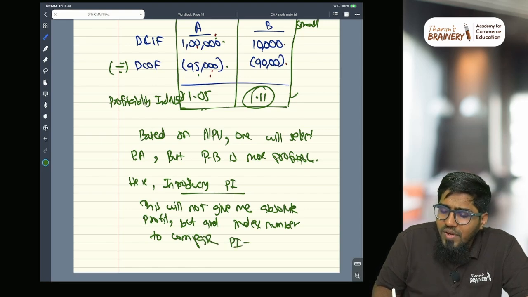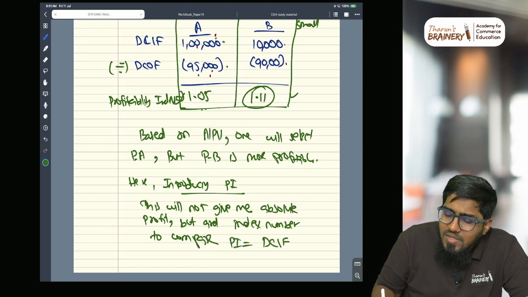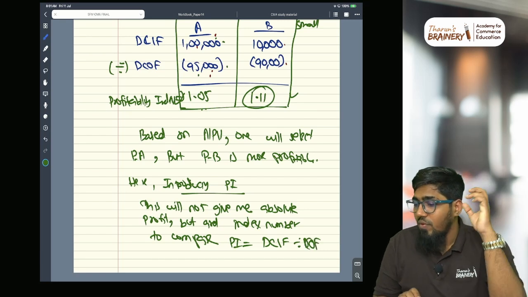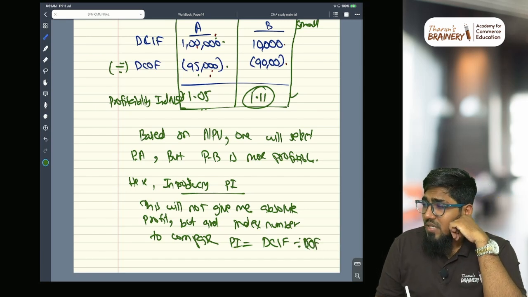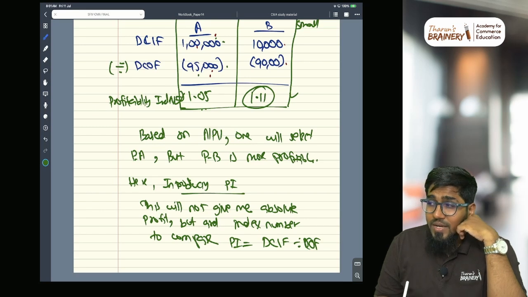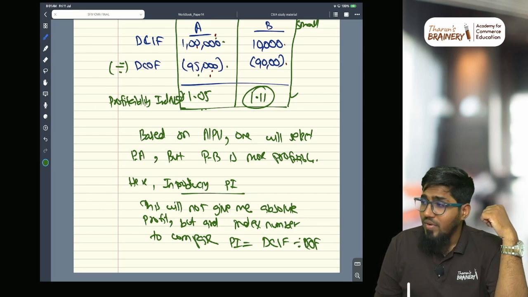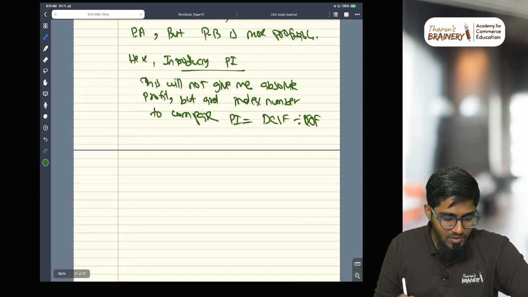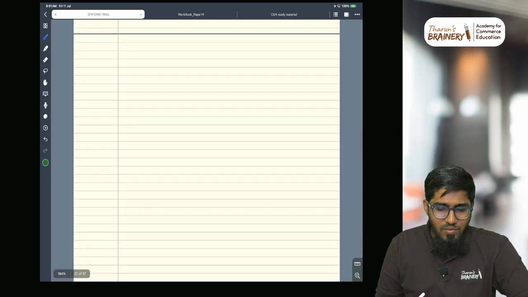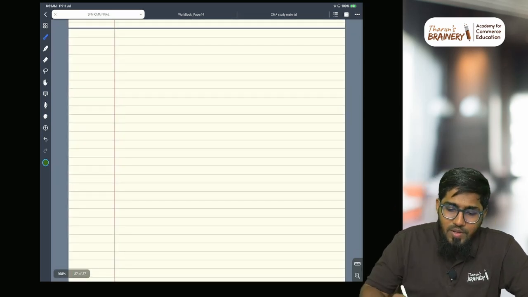Profitability index is equal to discounted cash inflows divided by discounted cash outflows. This is what profitability index is. Now let's see the decision rule.